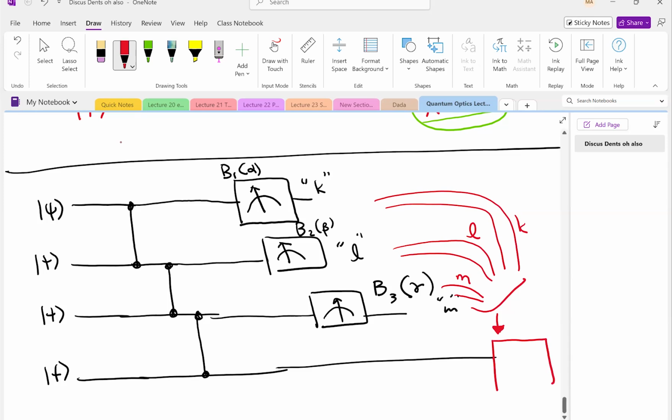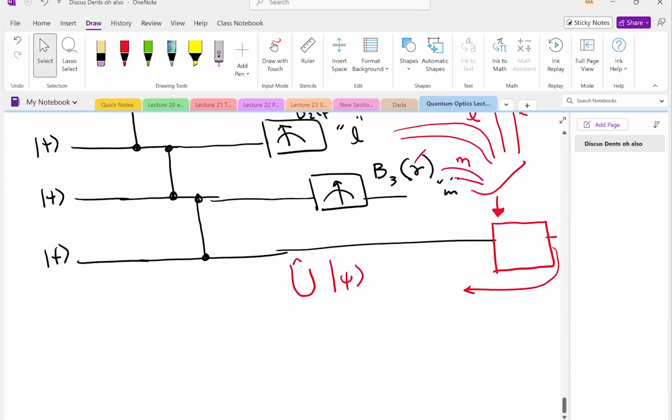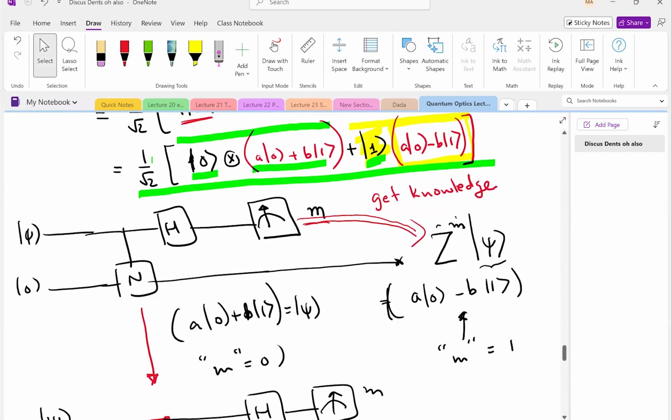And based upon these outcomes, this party will implement some kind of unitary operation locally, and we'll find out that this qubit is going to be an arbitrary rotation about the first qubit. So by merely doing measurements across appropriate bases, by choosing alpha, beta, and gamma, you're able to do a quantum computing. And this is how you will actually be able to build complicated circuits like the Grover search algorithm.